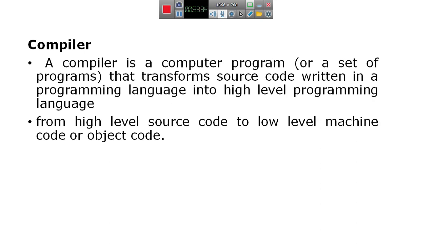It converts assembly language instructions into machine language. And the interpreter converts high level language instructions into machine language line by line. The compiler converts high level programming language instructions into machine language, the total code at once.